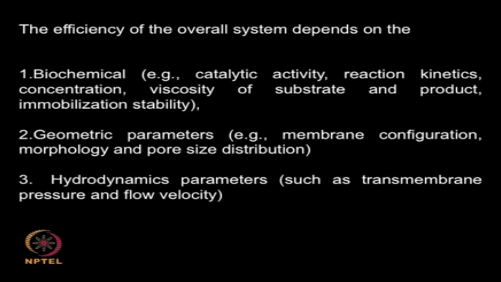Then the geometric parameters: the membrane configuration, is it a flat plate, is it tubular and so on, the morphology and also the pore size distribution. Then of course the hydrodynamic parameters such as the pressure, the flow, the velocity. So all these parameters come into picture. So the overall efficiency of this type of immobilized systems will be biochemical related, geometry related and hydrodynamic related.